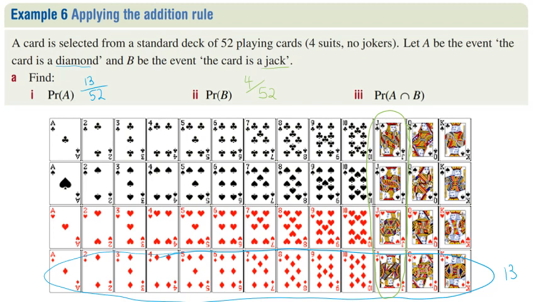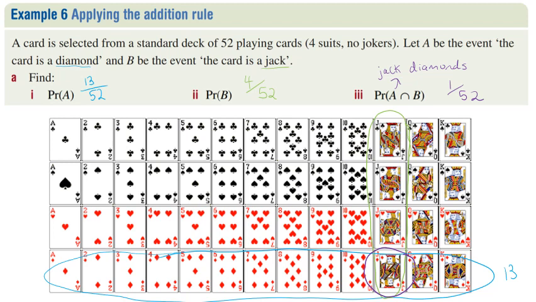Then the probability that the card is A and B. That means it's a jack of diamonds. Jack of diamonds, there's only 1 here. So 1 out of 52.